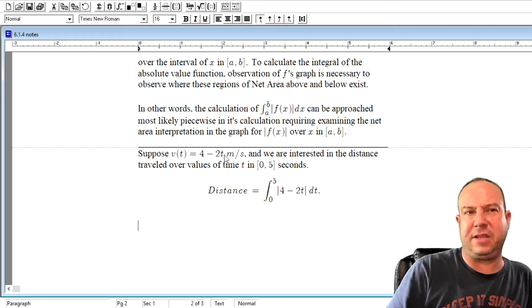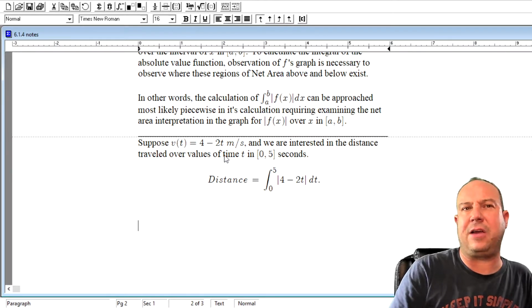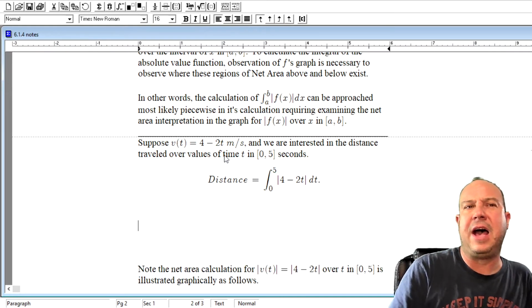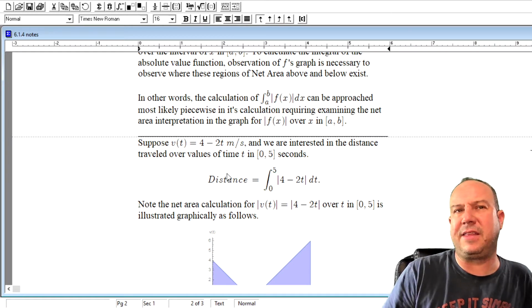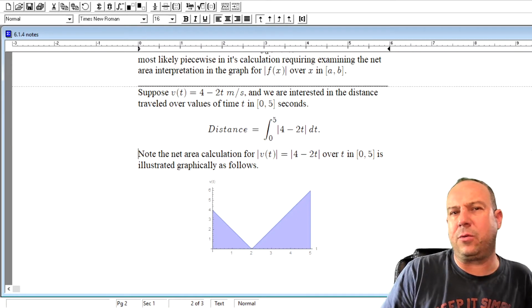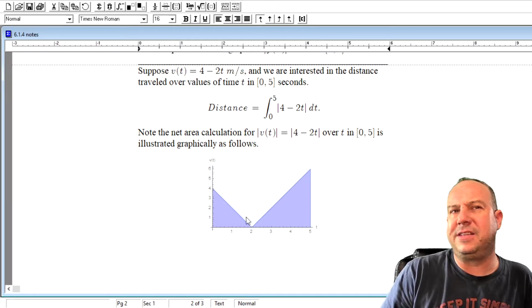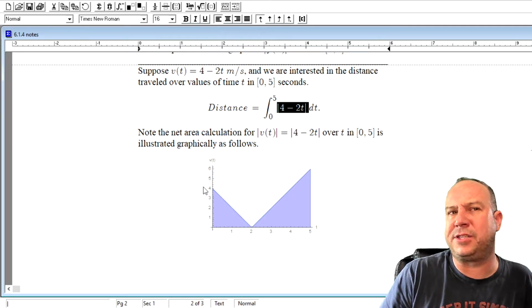So graphically, what we see happening for the absolute value of 4 minus 2t on this interval from 0 to 5 is it looks something like this. And the net area we're interested in calculating is the net area seen in this illustration. This upper bound on this region, this V shape to it, that is defined by the absolute value of 4 minus 2t.